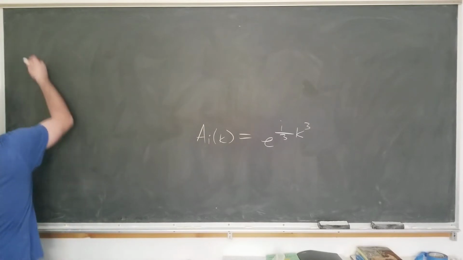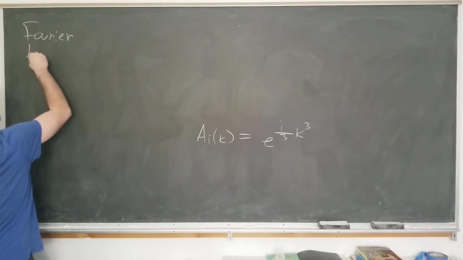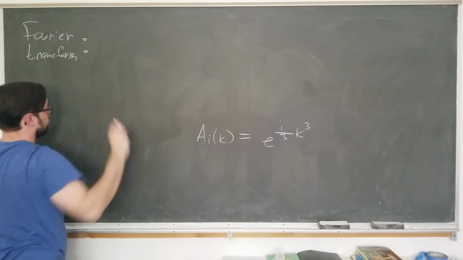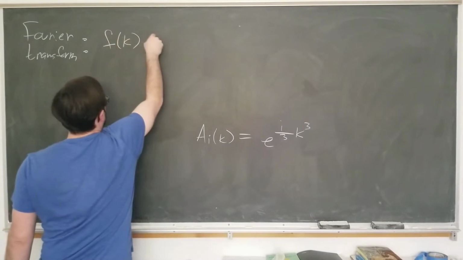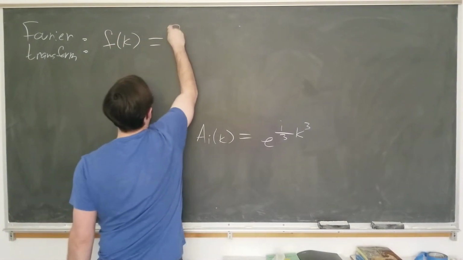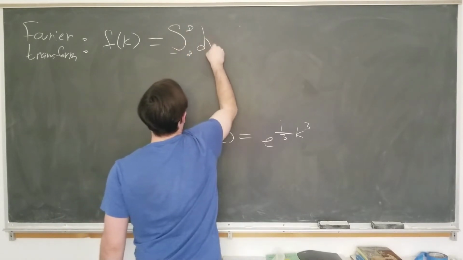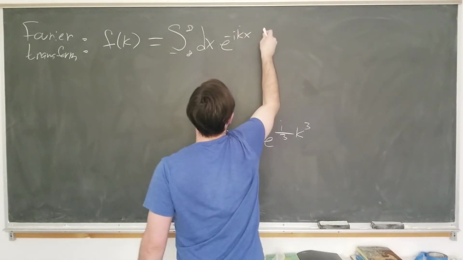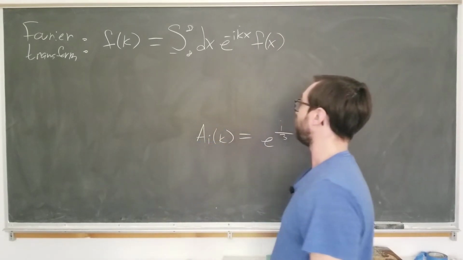My favorite definition of the Fourier transform, there are many, goes like this. If we had a function in x space and we wanted it in k space, we would simply integrate over all space, multiply by e to the minus ikx, and the original function of x. This is the Fourier transform.